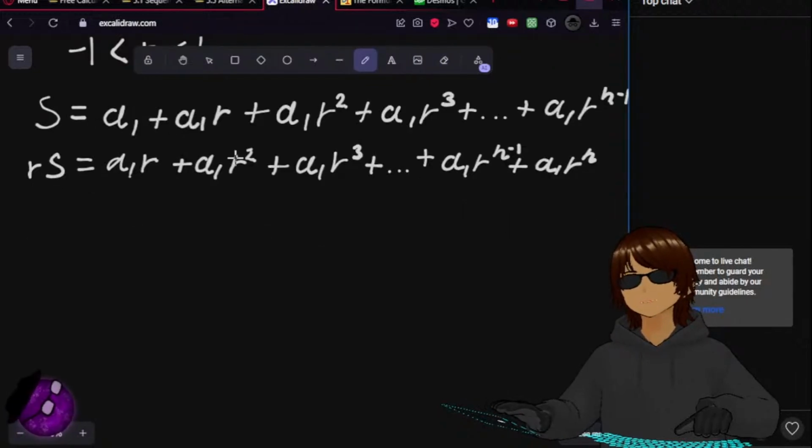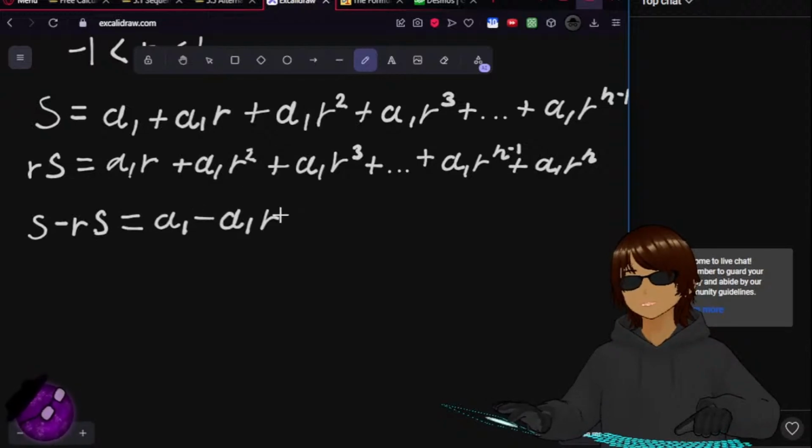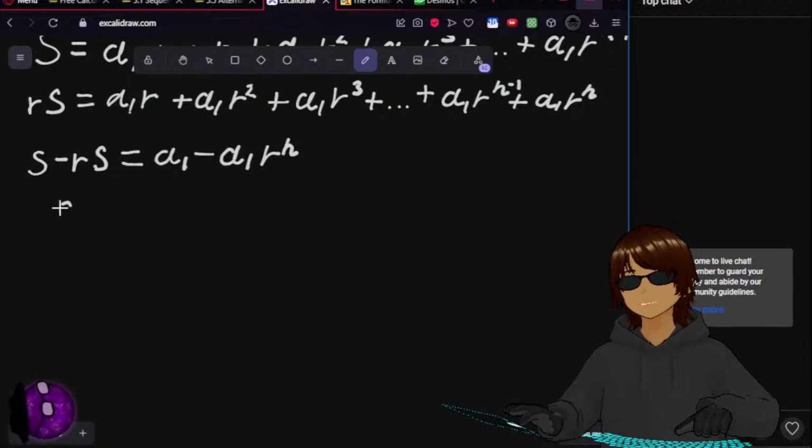And then this and this are the same, this and this are the same, except for a1 and a1 r to the n. Every term is being repeated in both S and rS, so we can do S minus rS. This and this would cancel out, and we would be left with a1 minus a1 r to the n.